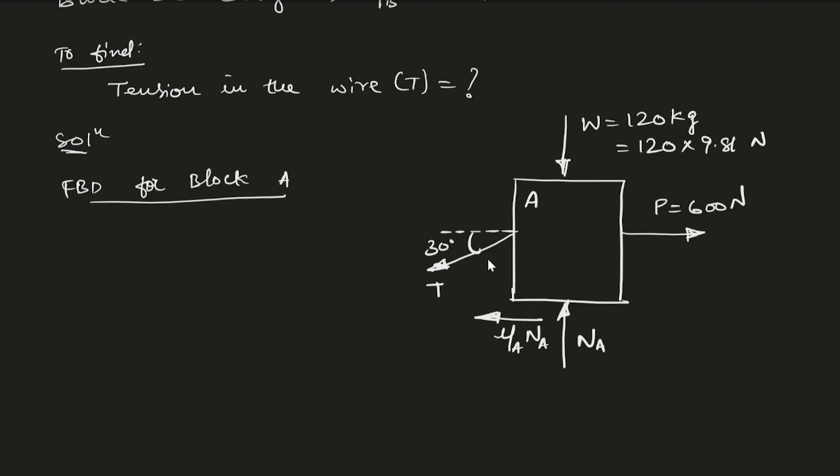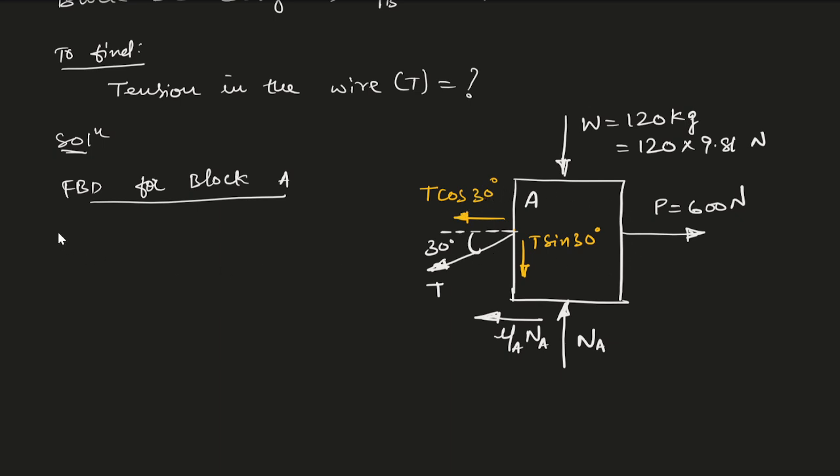Whenever we have an inclined force, we have to resolve this force. So if we resolve, we have two components. One is the cos component in the horizontal direction, that is T cos theta, and one is in the vertical direction, that is T sin theta, sin 30. So T is resolved into two components, cos theta and sin theta. Now we are completed with the FBD.